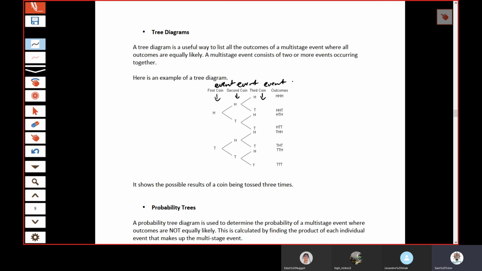Think of it like that. So your first event, you could have got a head or a tail. Then your second event, you could have got a head or a tail. In your third event, you could have got a head or a tail for each outcome. And that's pretty much how this works. And then outcomes are read like this: H, H, H, H, H, T, H, T, H, H, T, T, T, H, H, and so on.